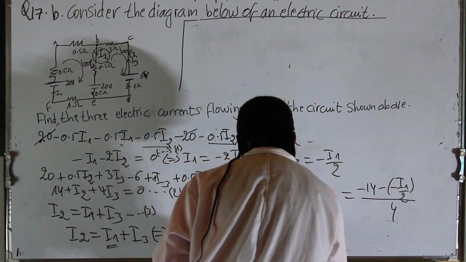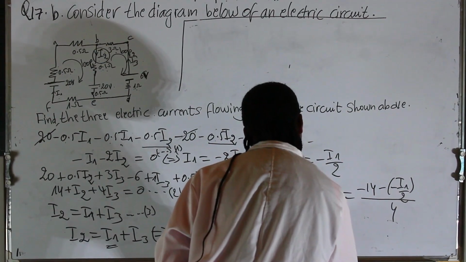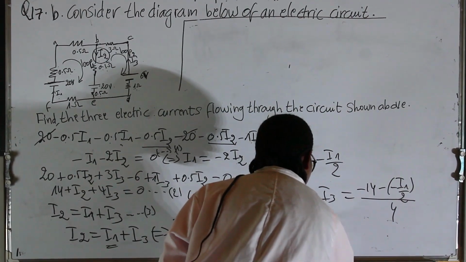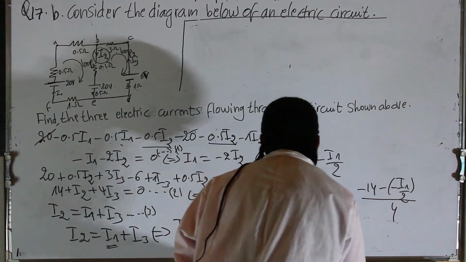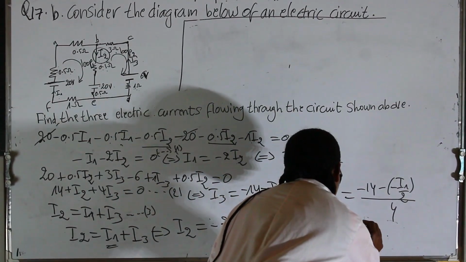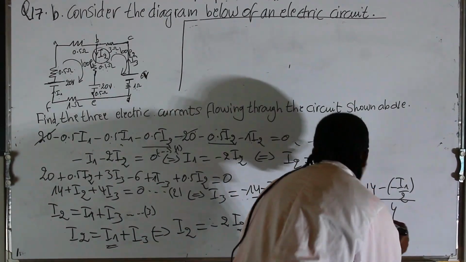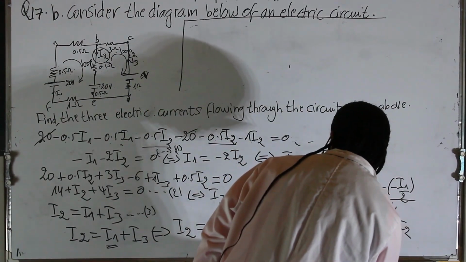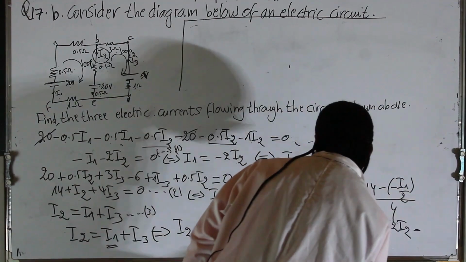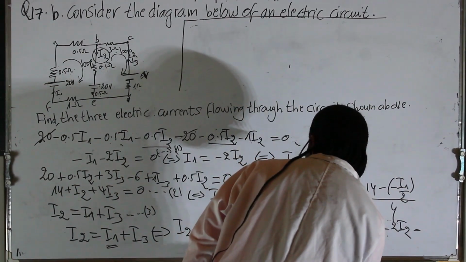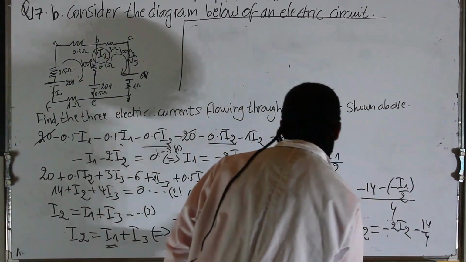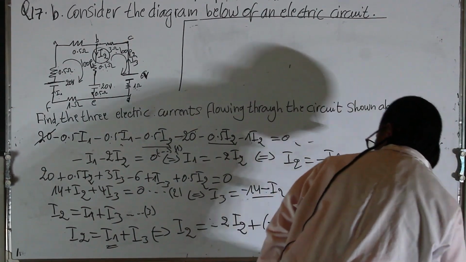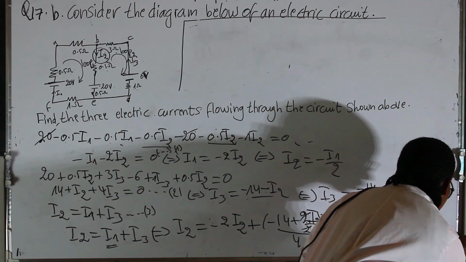Then calculating this, replacing I1 also here by its value, here we have 2 I2, then 2 by 2, then we remain with I2 equal to minus 2 I2 minus 14 over 4 plus I2 over 4.